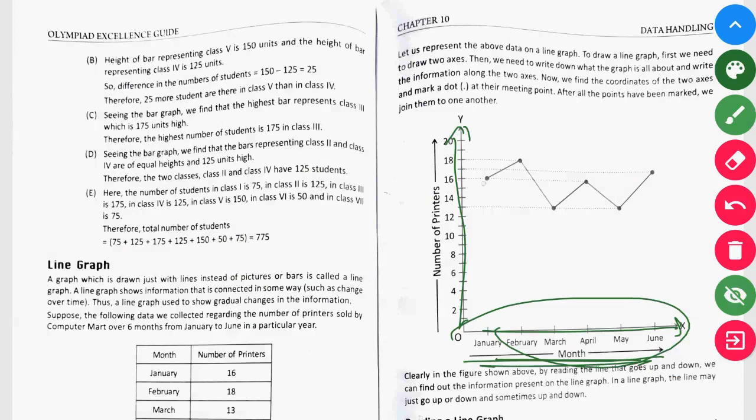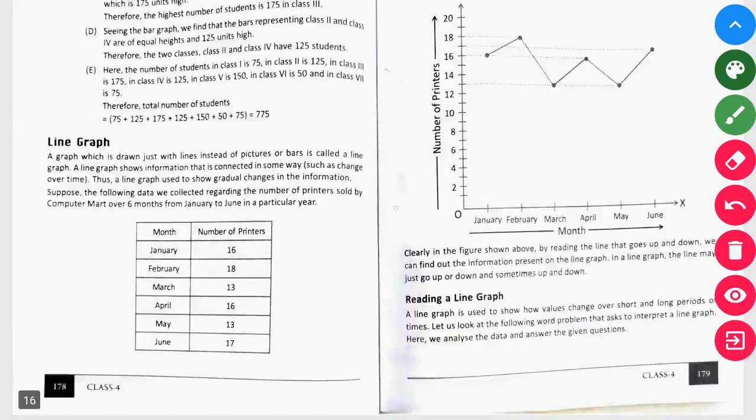So for January, this dot is representing the January month, this dot February month, this dot March, April, May, June. Now how many printers were sold in January? 16 printers were sold. In February, 18. So this line segment represents the information, so it is known as a line graph.